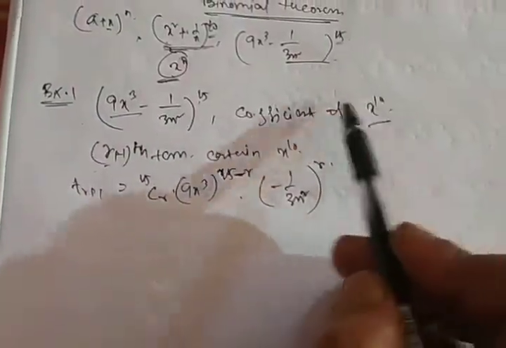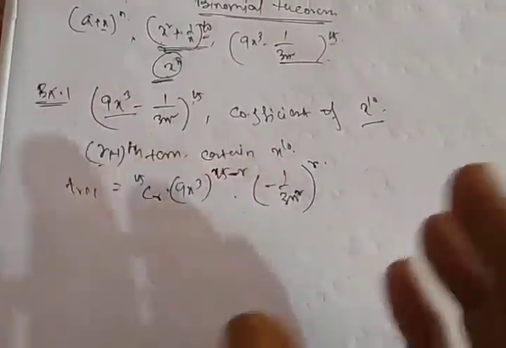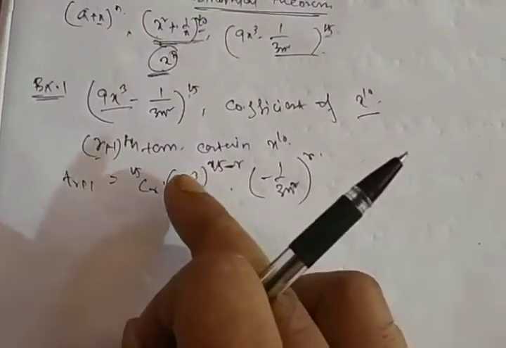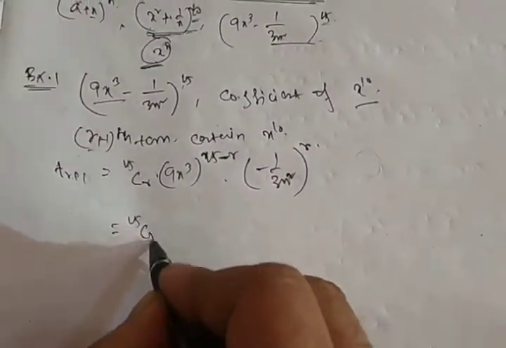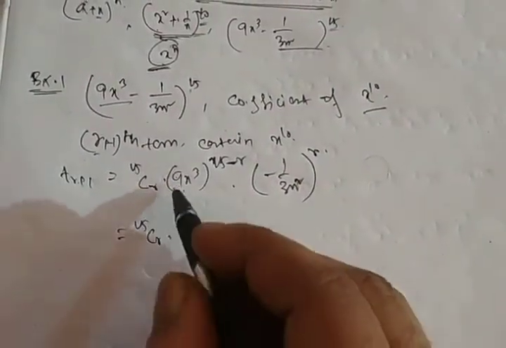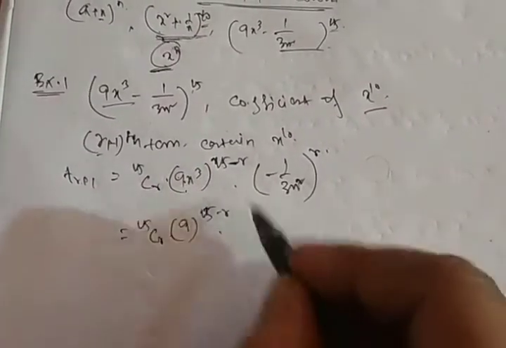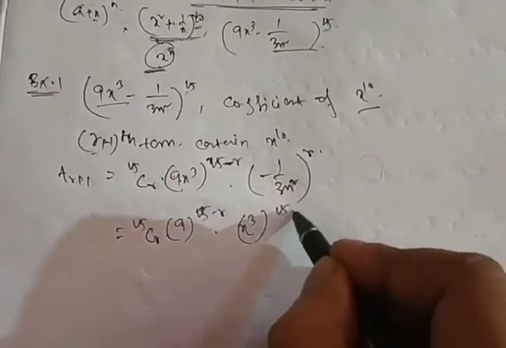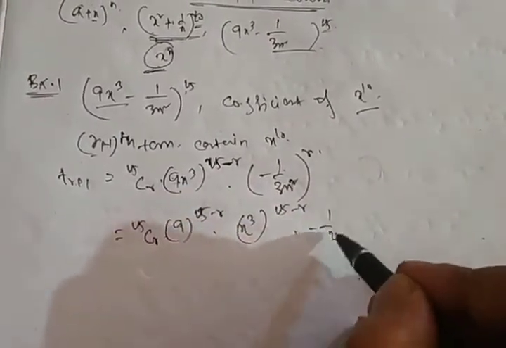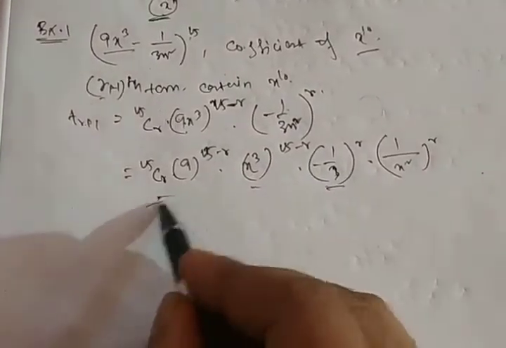Now to solve this kind of problem, we have to take out the total coefficient as one part and the total power of x in the second part, so the constant term will be separated from the variable. So from this part we will get 9^(15 minus r) and (x cube)^(15 minus r). From this part (minus 1/3)^r and (1 by x square)^r. These are the constant terms.